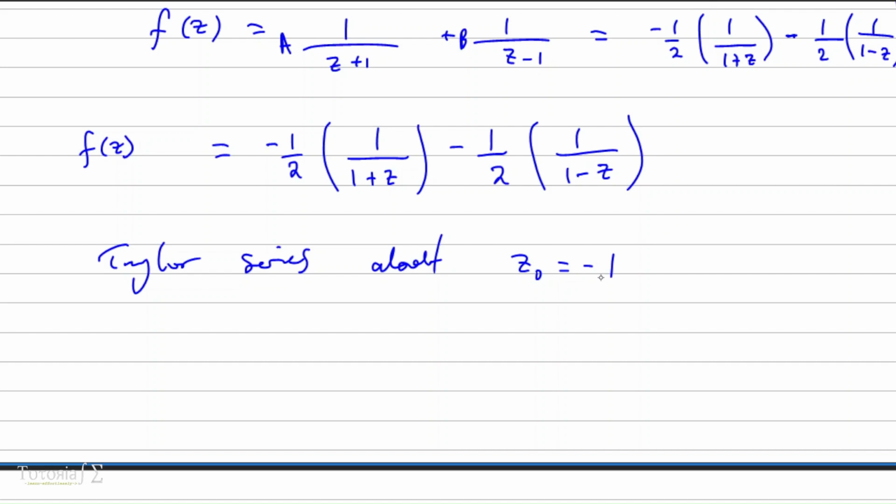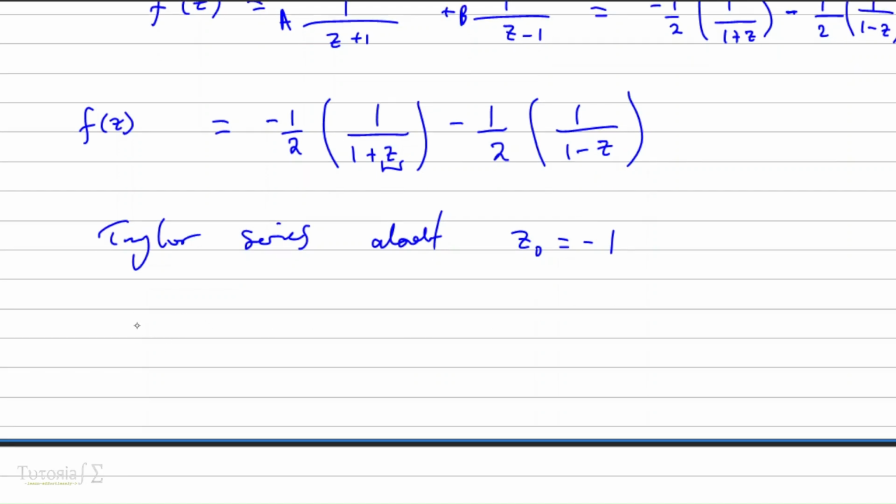We need to manipulate these so that here we have z minus 1, without changing the form of the question. So how are we going to do that? It would be easy, just some algebra. f of z would be equal to -1 over 2 times 1 over 1 plus, we need a z minus. Okay, you need to be very careful now.